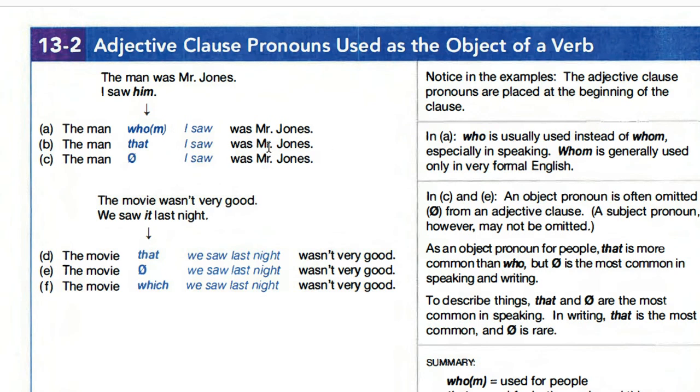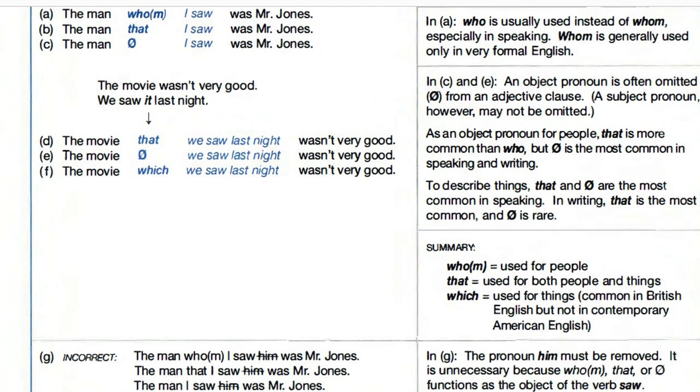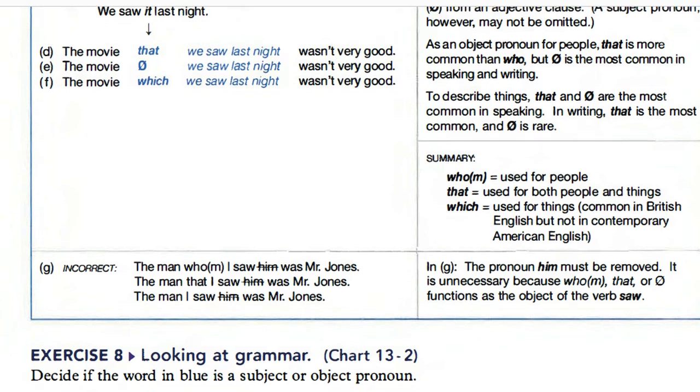So here we have 3 structures, and they refer to the object, the man I saw. Like the sentence, I saw Mr. Jones. You are describing Mr. Jones, but you start the sentence with the man I saw. So it refers to the object following the verb. That's the definition of it.